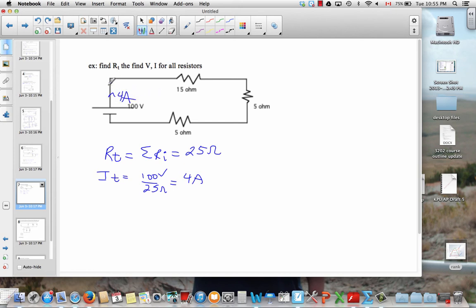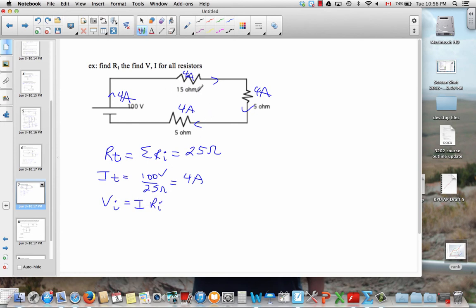Now, by Kirchhoff's law, there's no junction, so there must be 4 amps of flow through this resistor, 4 amps of flow here, and 4 amps of flow finally through this resistor here. We can then, for each resistor, multiply the current by its resistance according to Ohm's law to get the voltage drop.